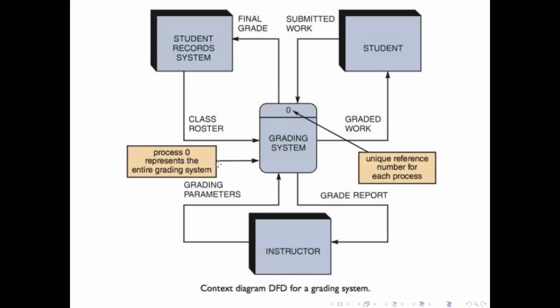Right. So let's look at our grading system, the previous example. In the grading system, whenever a student submits their work, the system will grade the student work, and then the system also gets the grading details from the instructor, and finally it will output a grade report.